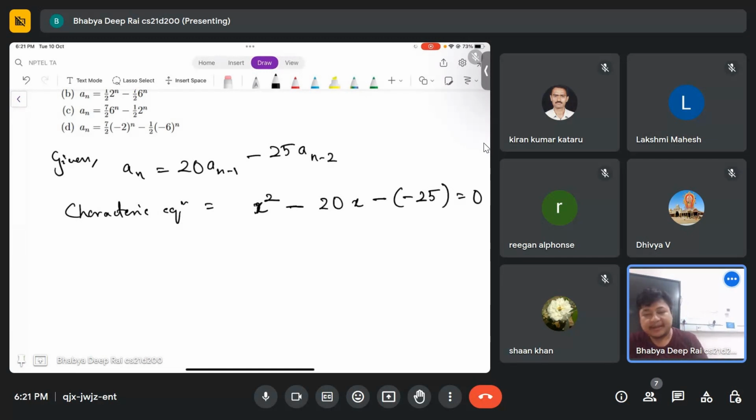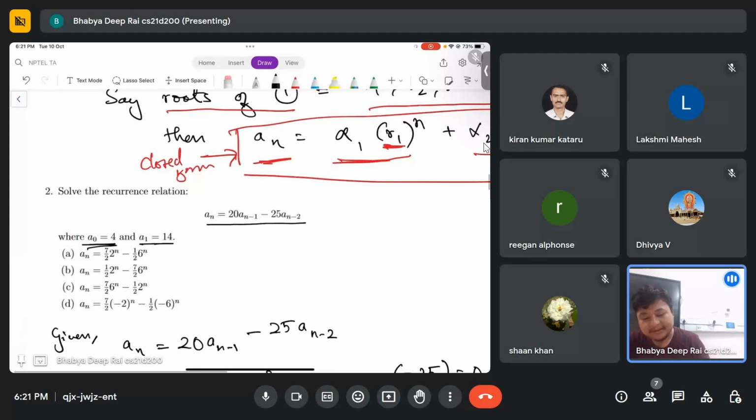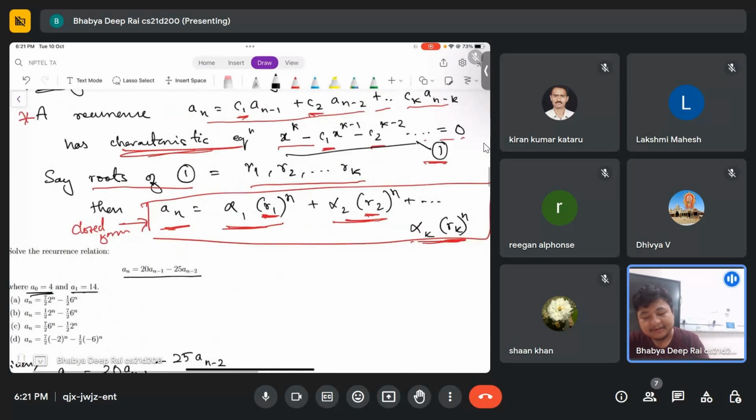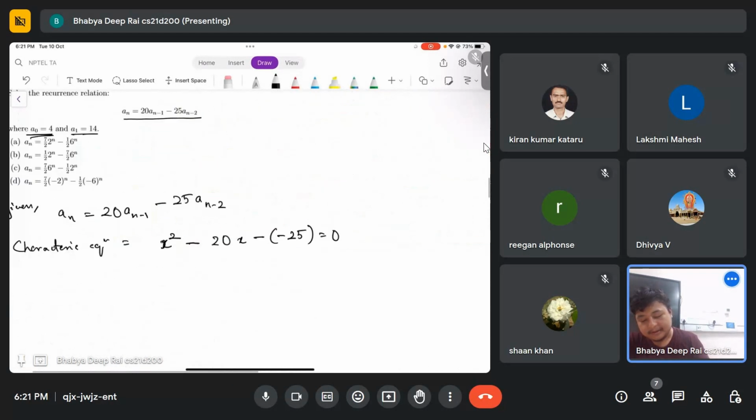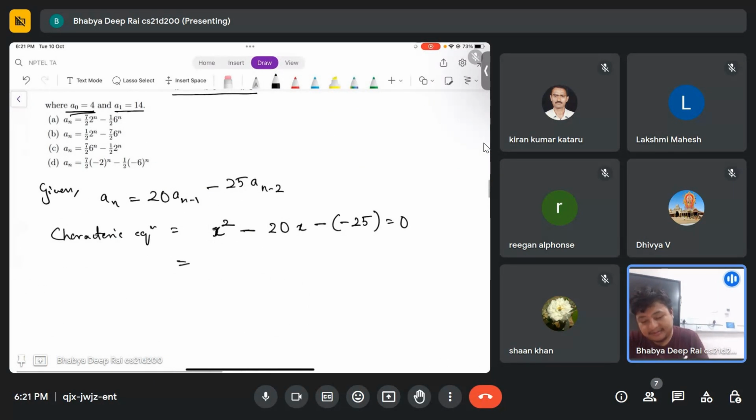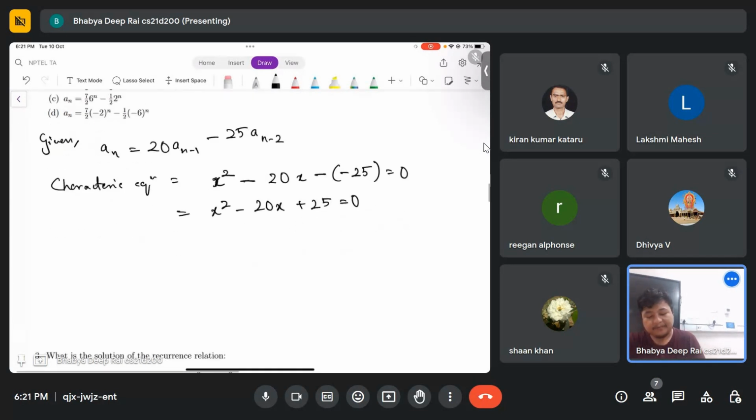It's of this form now. You can see, right? So this can be written as x square minus 20x minus 25 equals 0.